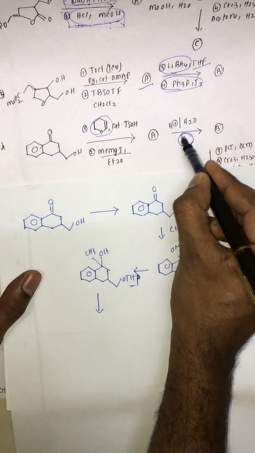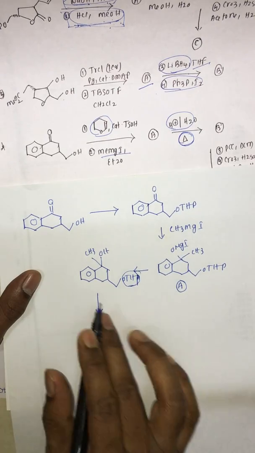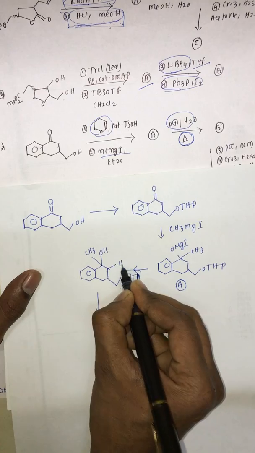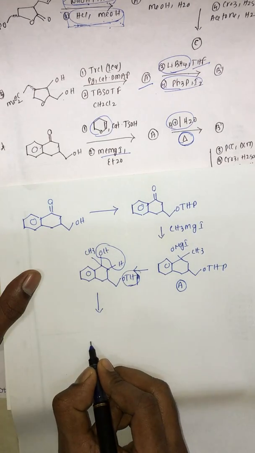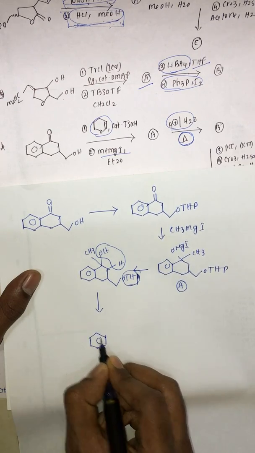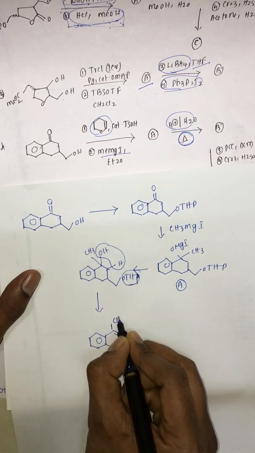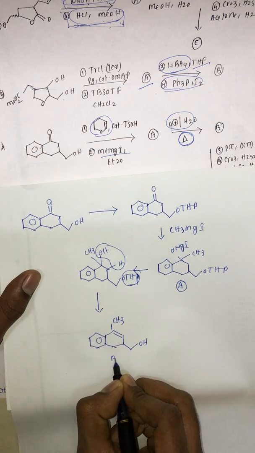Whenever we are heating in the presence of acid, this THP will come out. So now here we will get back OH, and also the elimination of this water molecule takes place. So now we'll get this product, CH3, CH2OH. So this is the product B.